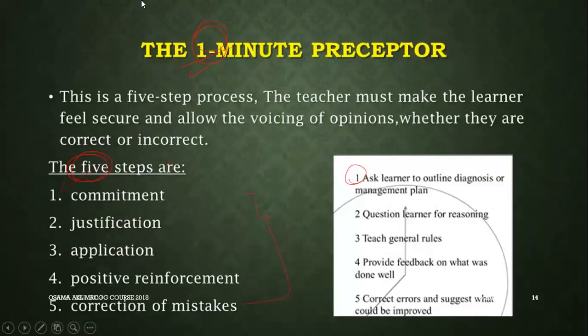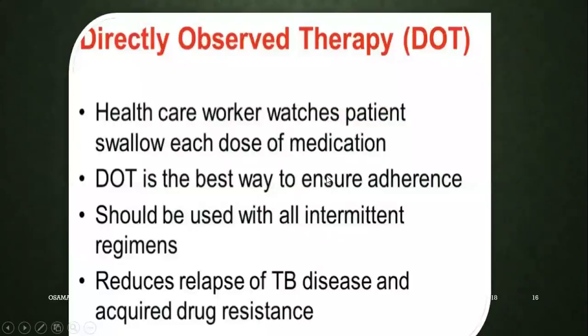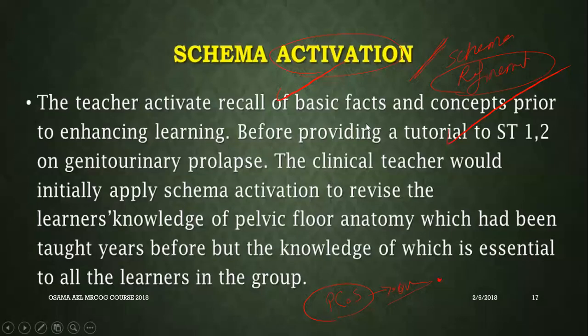Okay, the next one, one minute preceptor, which includes 5 steps. A directly observed procedure with feedback: I see you doing something and I will give you feedback. Schema activation: already you know the basic science and I remind you again of this basic science.